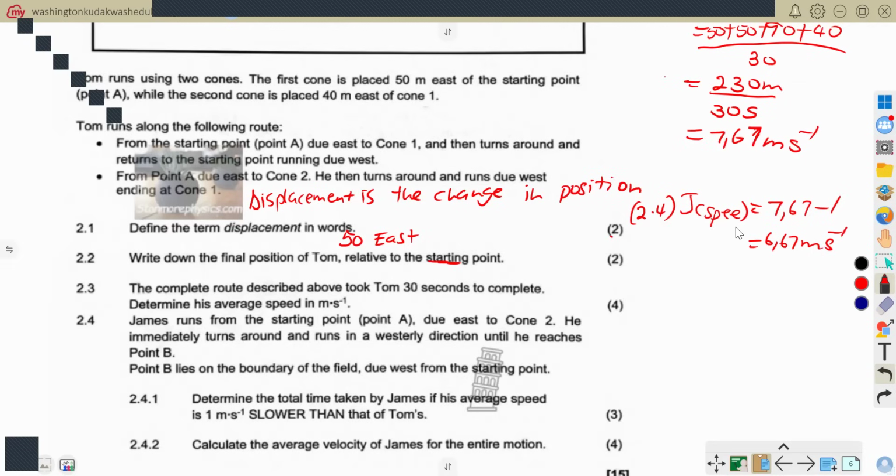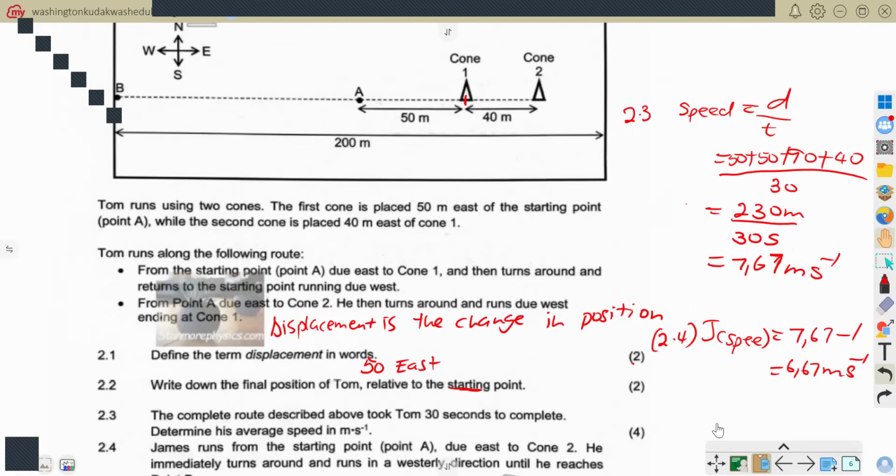And they are now telling us that James moved from A to cone 2, and then he ran to point B, and they're saying point B is at the end, and you can see that this is the center of the field. So I assume that the distance from here to there is 100 meters.